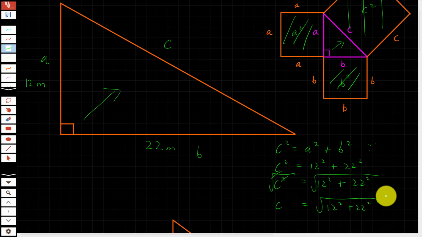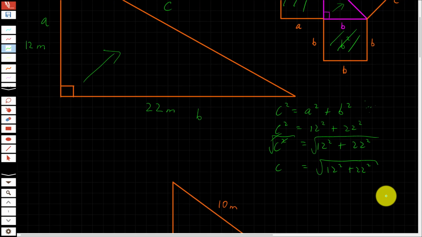We can do that on our calculator, and the answer is 25. The units is meters, so C is equal to 25 meters approximately. That's an approximate. There are a few decimal places to that.